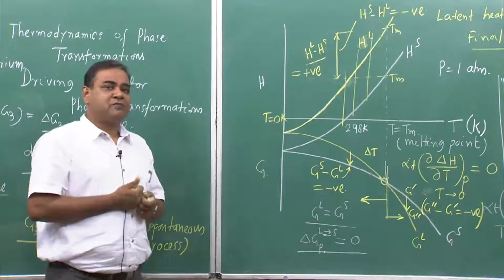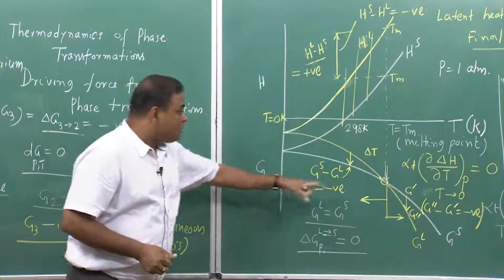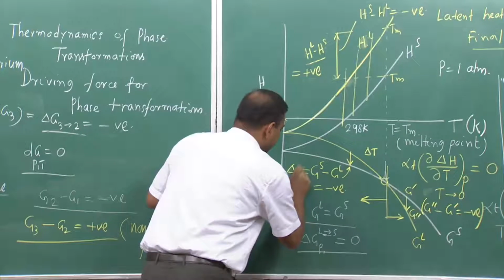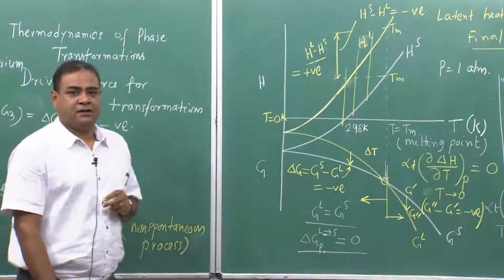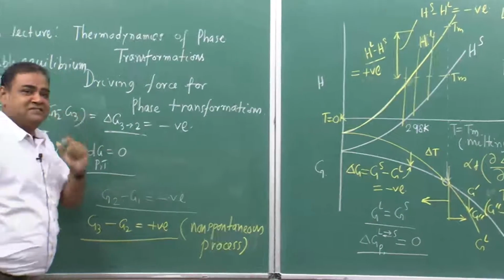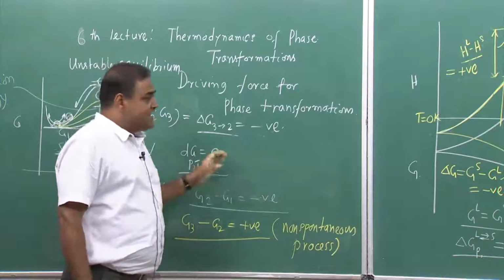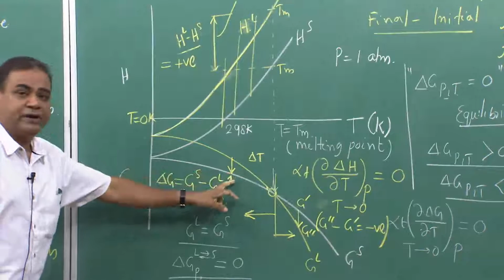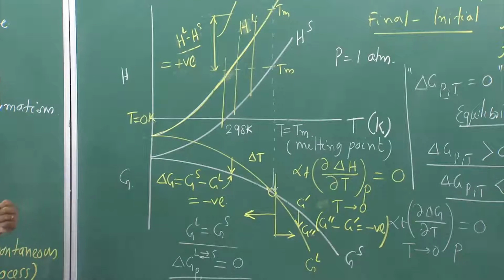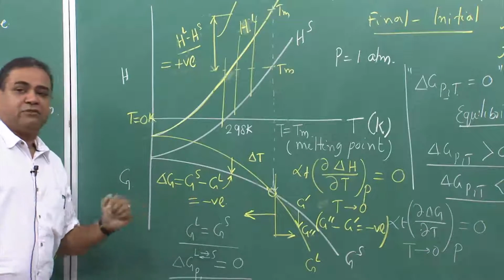That particular information would be critical to analyze, but at least from this information it is very clear that this becomes my driving force, and the driving force is nothing but the change in free energy. Now I am coming to the driving force for phase transformation. Here the solid is forming from liquid, and that driving force is the change in free energy, which is a negative quantity.